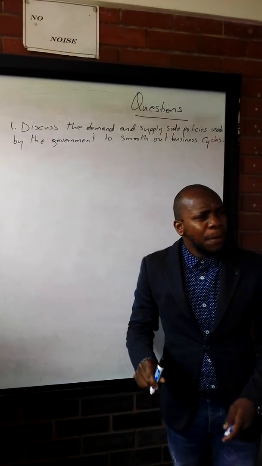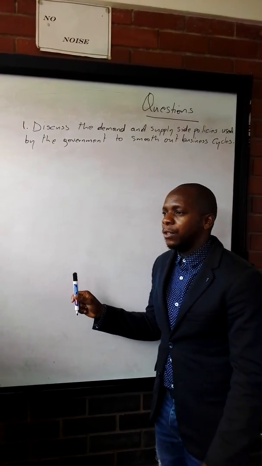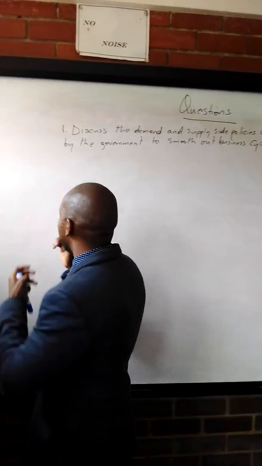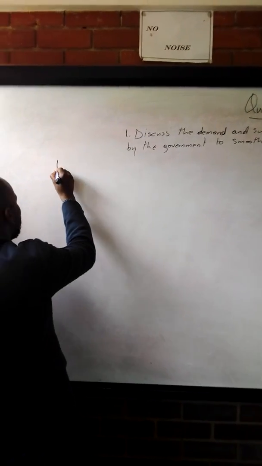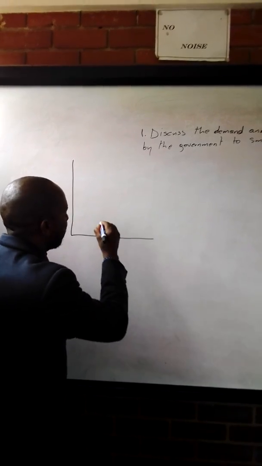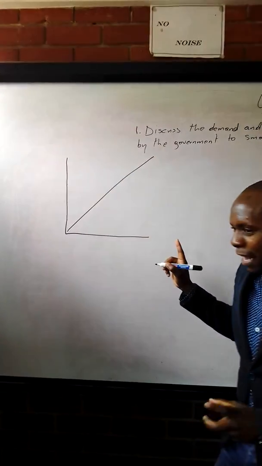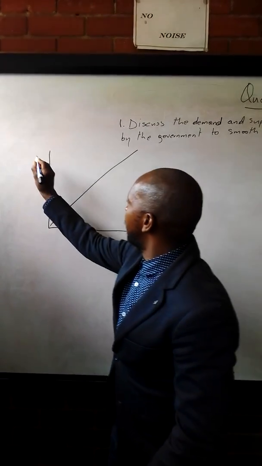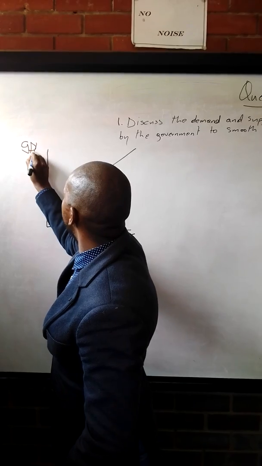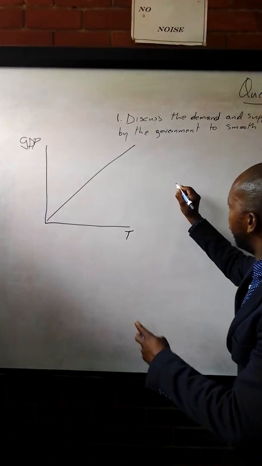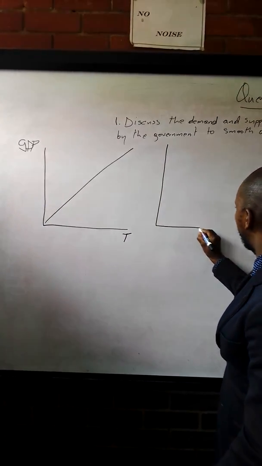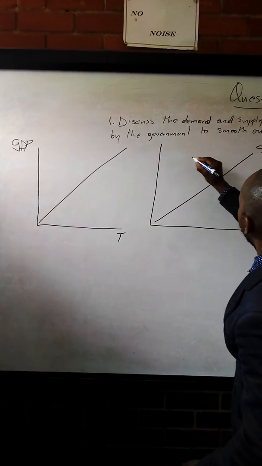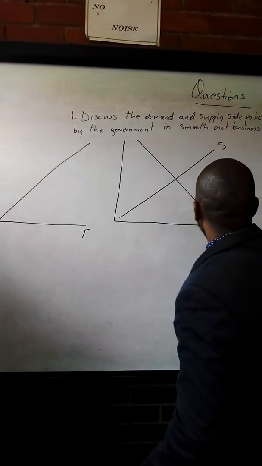And remember, before you answer any question in economics, you have to bring these two graphs in mind. Here is your business cycle. You assume that here is the time of the growth, here is the GDP. And then you bring a second diagram which shows an economy where there is a supply and demand.